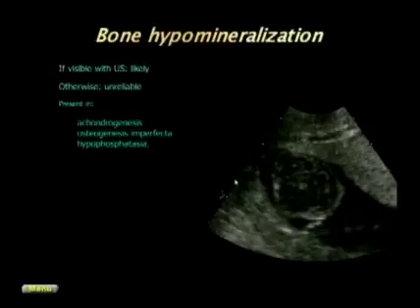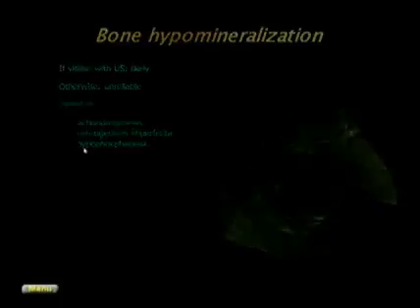That is because ultrasound uses reflection while X-ray uses absorption. But if you find bone hypomineralization like this, think about three disorders: achondrogenesis, osteogenesis imperfecta, and hypophosphatasia. So a very simple list of differential diagnoses.